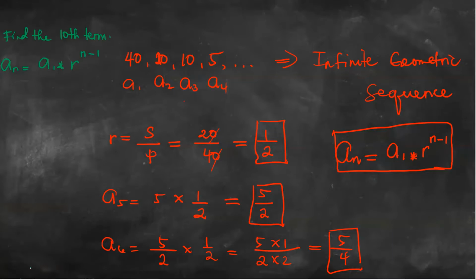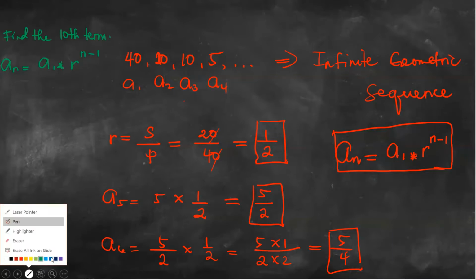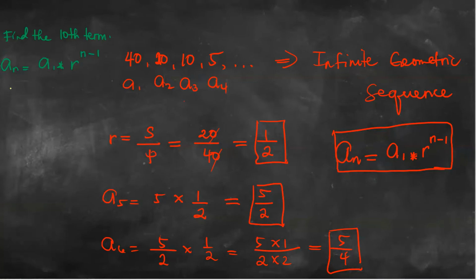Since we're looking for the 10th term, we will change n here to 10. And then we have A sub 1. As you can see, our A sub 1 is 40. And then we multiply it by the common ratio, which is 1 half, raised to n minus 1. Our n is 10 minus 1.